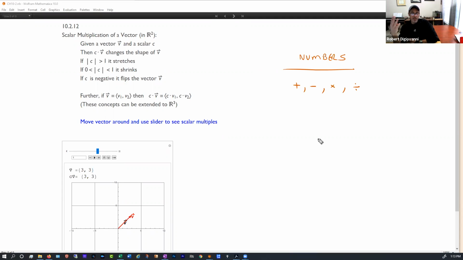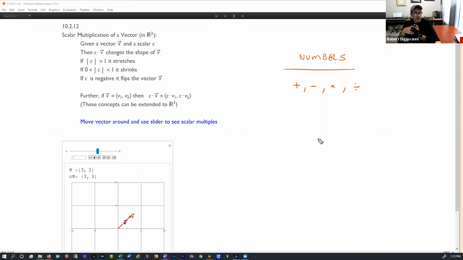So you were taught that if you have two numbers, we can add them together and we get a number. If we have two numbers, we can subtract them and we get a number. If we multiply them, you're going to get a number. If you divide them, you're going to get a number, right? So what we've done in the past is very natural. Start with two things, do one of these operations, you get a number.